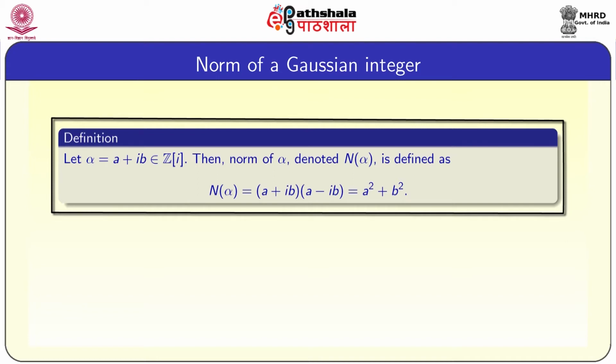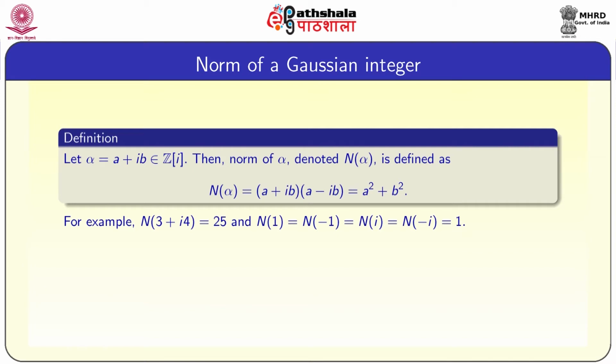It is defined as: if alpha equals a plus ib belongs to Z[i], then the norm of alpha, denoted N(alpha), is defined as N(alpha) equals a plus ib into a minus ib. It is like the conjugate of a plus ib. So, by multiplication of Gaussian integers, this is equal to a squared plus b squared.